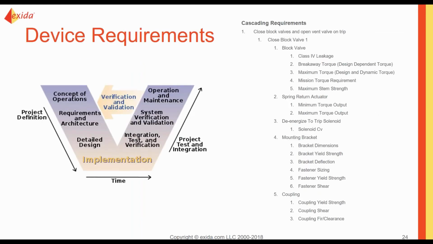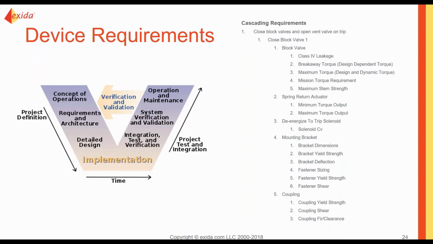Once you have identified all the devices, whether they're safety critical, and what they need to do, we need to have device requirements. And I think this is probably the biggest gap between what people do today with the SIF SRS and what we really need to do to drive greater reliability.